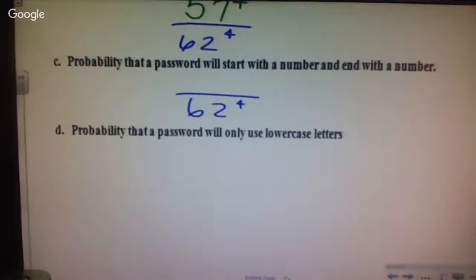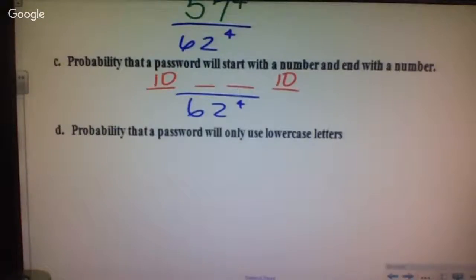Okay. So, they want me to start with a number and end with a number. With a 4-character password, I want to start with a number and end with a number. So each one of those has now been reduced to 10. What about the middle?